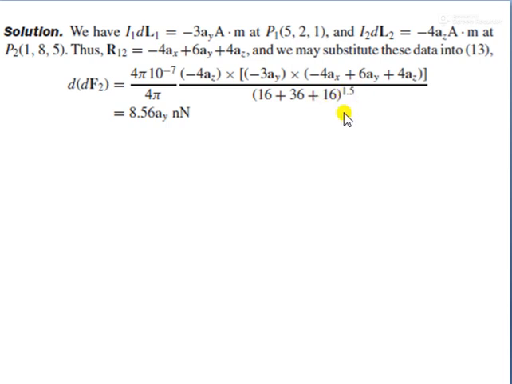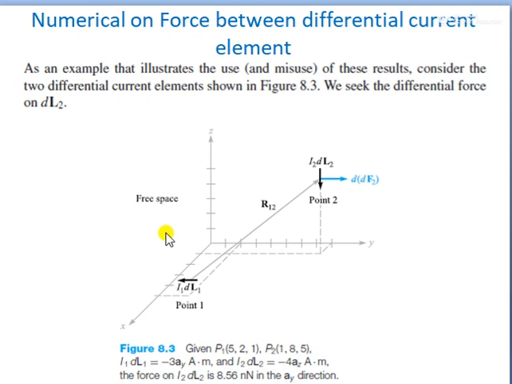Finally we get 8.56 aY as the force on I2 dL2. This is one example, a numerical on the force between differential current elements. You can observe here that these two are the differential current elements.